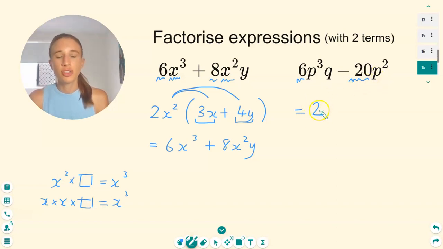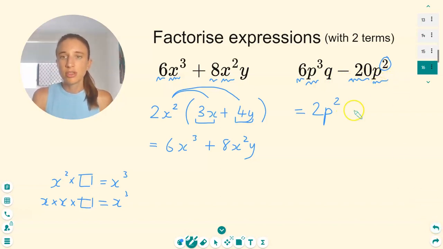The highest common factor is 2. Then we check our variables, the p's. The highest common factor is the variable with the lowest power. Over p cubed and p squared, you choose p squared. And q is not common to both terms. So we're ready to factorize.